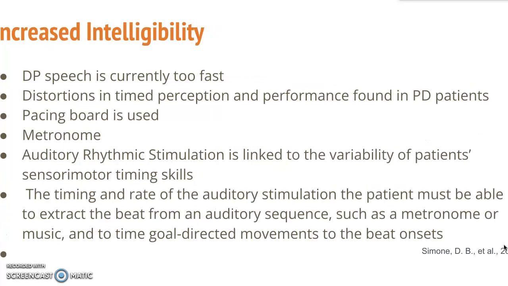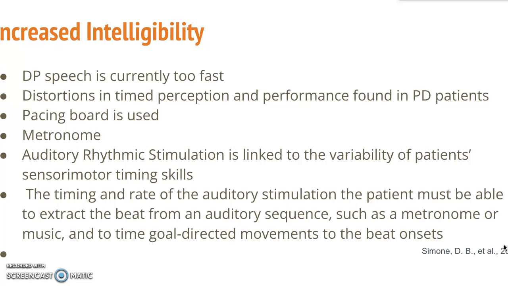We also work on, with DP, increased intelligibility. DP currently experiences his speech being too fast, which causes him to be significantly unintelligible at times. Distortions in timed perception and performance are found significantly in Parkinson's patients. This is why we utilize a pacing board and also a metronome with DP.